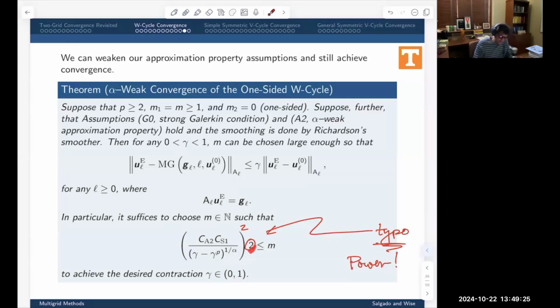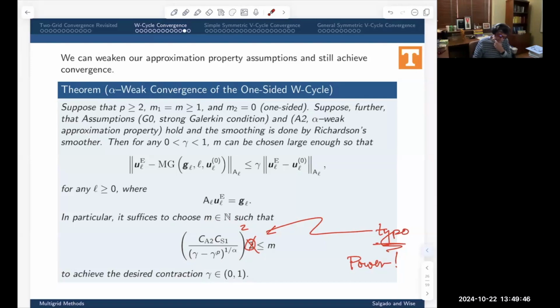This 2 should not be here. It should be elevated to the power up above, as shown. But if I choose M to be bigger than this number, which I can always do, then I'm going to have the desired contraction factor of gamma, whatever that is.